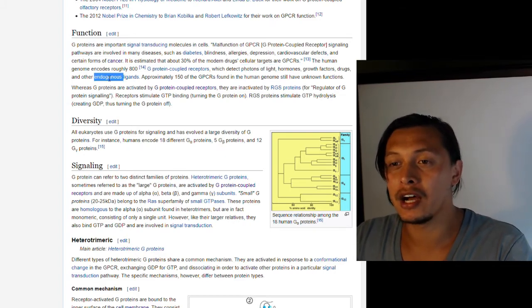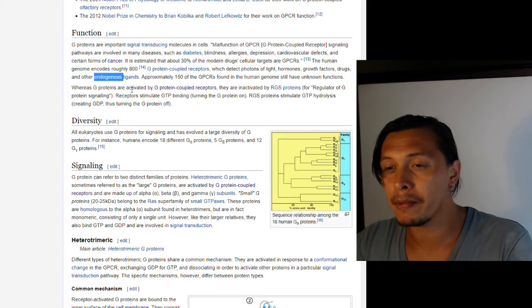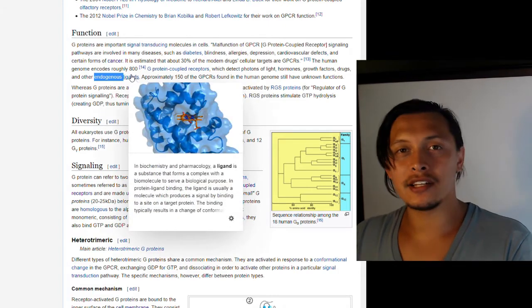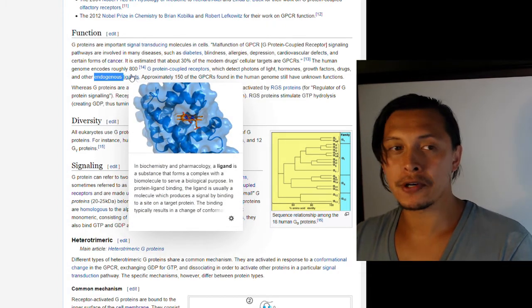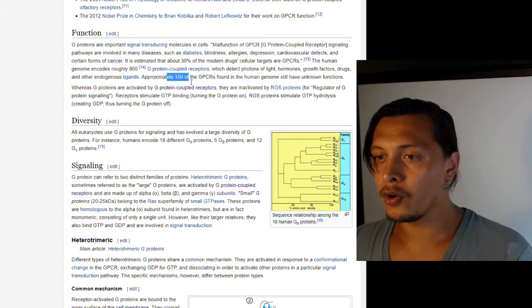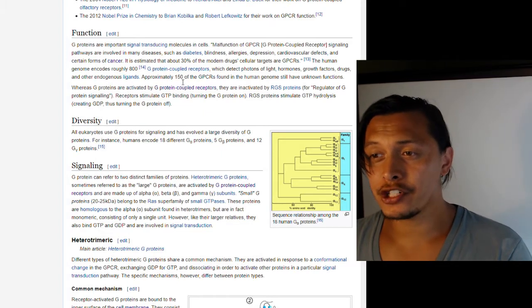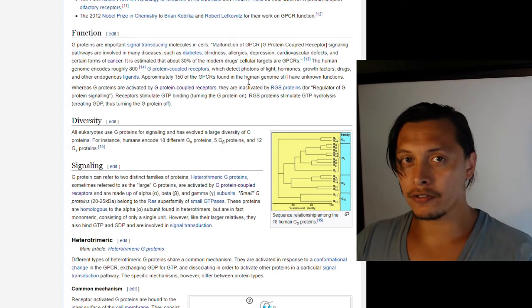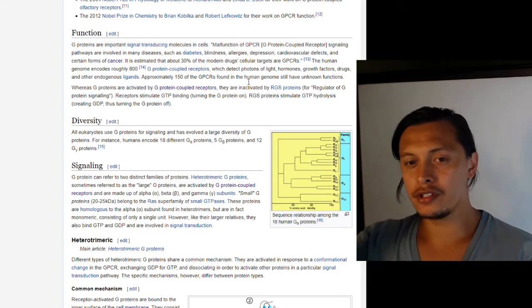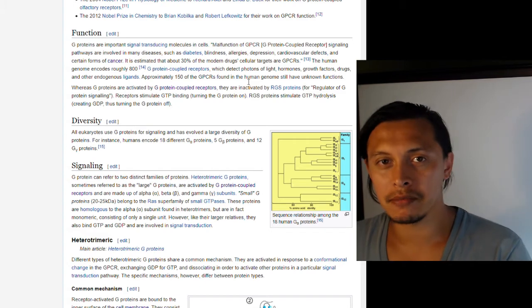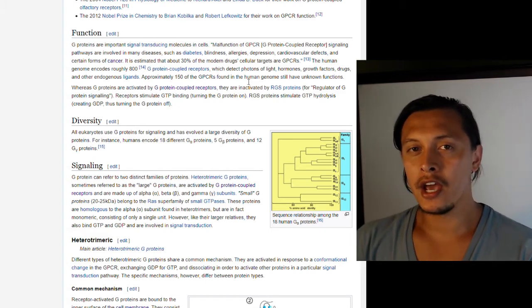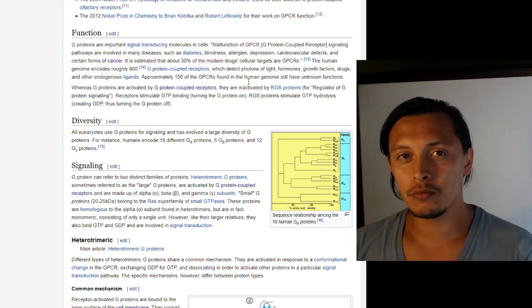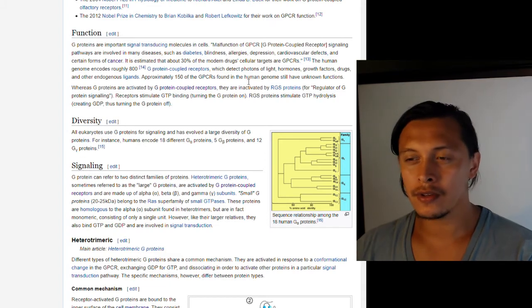Endogenous being something that comes from within the body, and a ligand is something that binds to a receptor. There are 150 G protein coupled receptors found in the human genome that we don't even know what their function is. That's just crazy to me that there are so many proteins in the body that we still do not know what their function is.